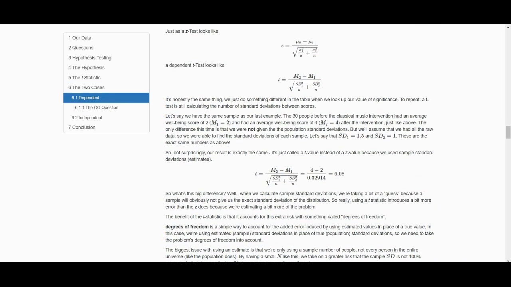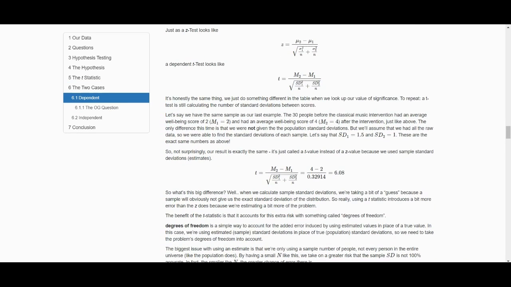So it's honestly the same thing. We just do something different with the table when we look it up. We no longer use a z table, we use a t table. To repeat, a t-test is still calculating the number of standard deviations between scores. It just does so using a couple more estimates than what we did before, whereas before we were pretty certain.